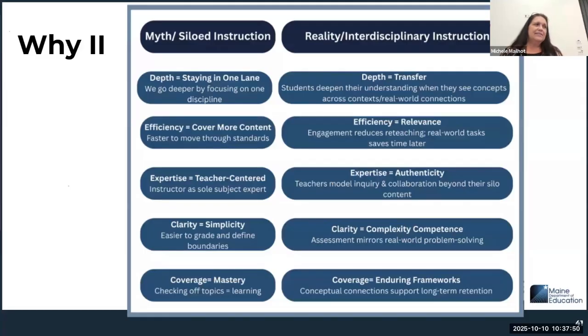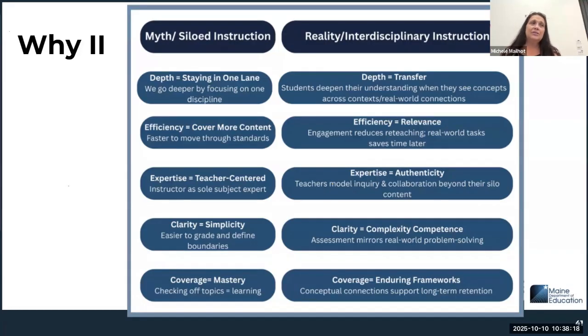A lot of it may be teacher-centered during this approach, but there are also opportunities for student-centered learning as well. And it's easier to grade and define boundaries because of the simplicity of it being focused on just this one discrete area. And we can show mastery of learning and that checklist.